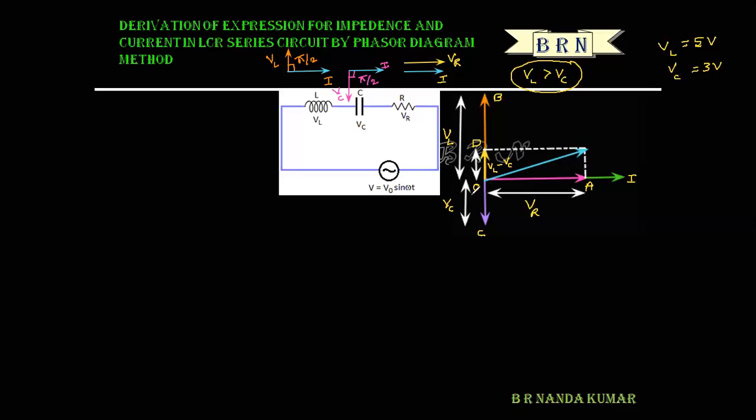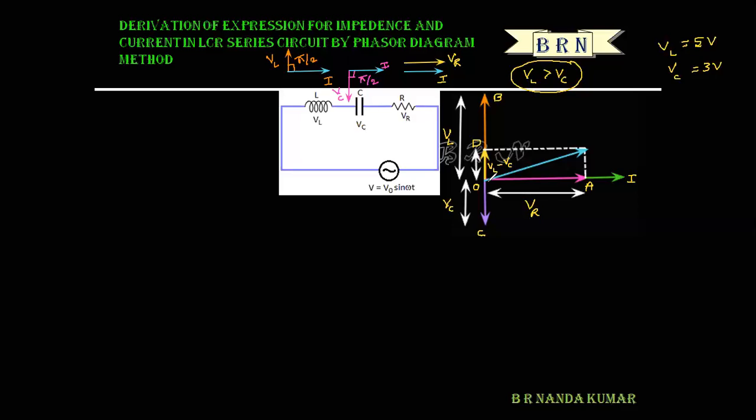So that is along which direction? Along the direction of the greater magnitude vector. Here the greater magnitude vector is VL, so the resultant of VL and VC is along OB, that is, in the vertically upward direction.